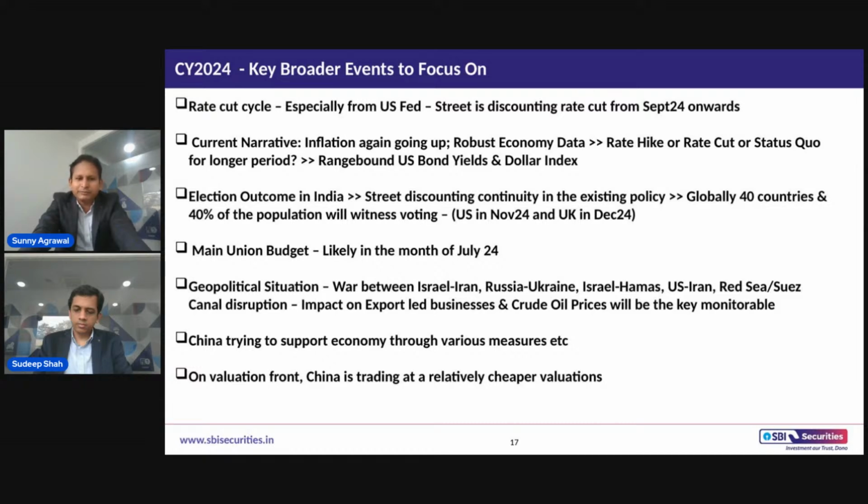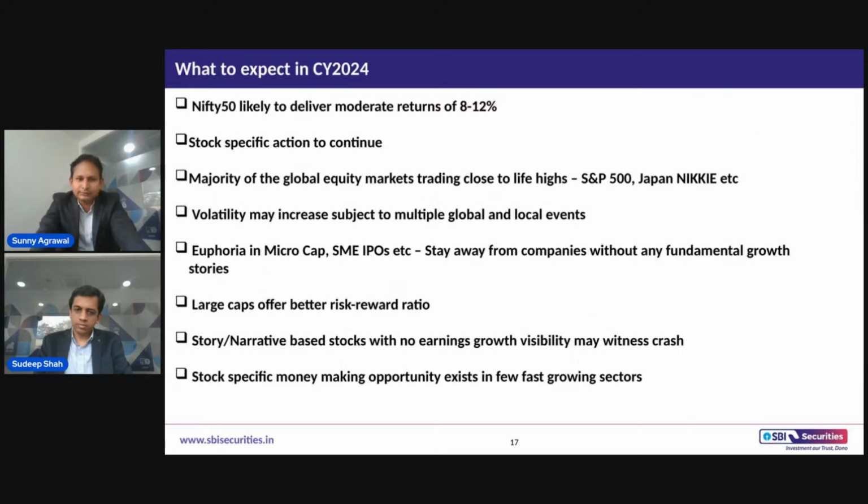So China, on a relative valuation basis, is a much cheaper emerging market. And in case there are some signs of revival in the Chinese economy, that will give a boost to the Indian economy also, especially metals and mining as a sector. In fact, China coming out of slumber will help the entire world GDP to move up because China is a big giant after the US.